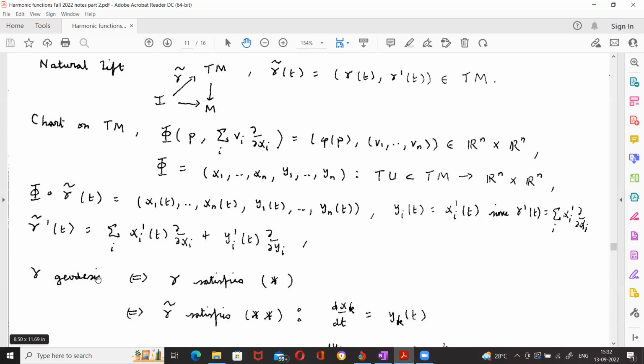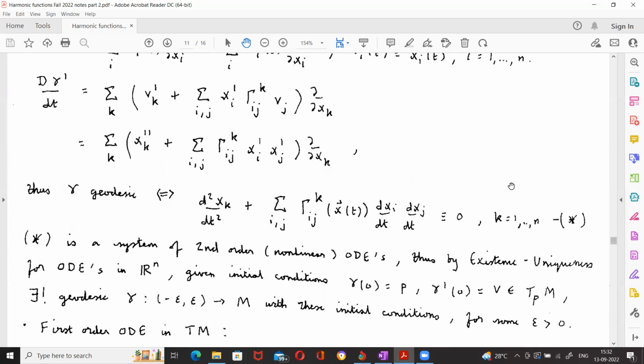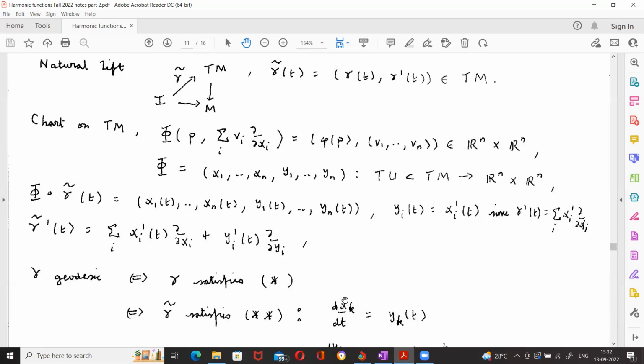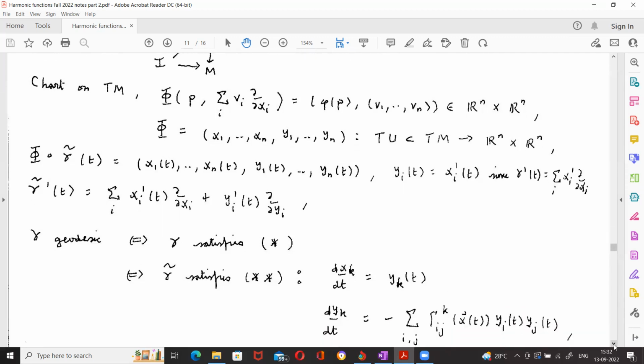Now gamma is a geodesic if and only if gamma satisfies star, which is this system of second order ODEs. This second order system is equivalent to the following system of first order ODEs. The lift gamma tilde will satisfy a first order system.